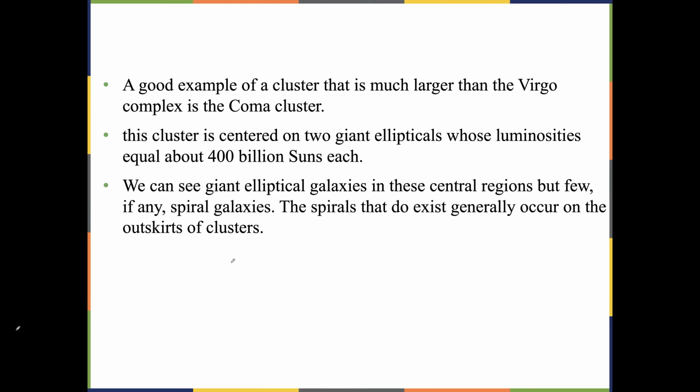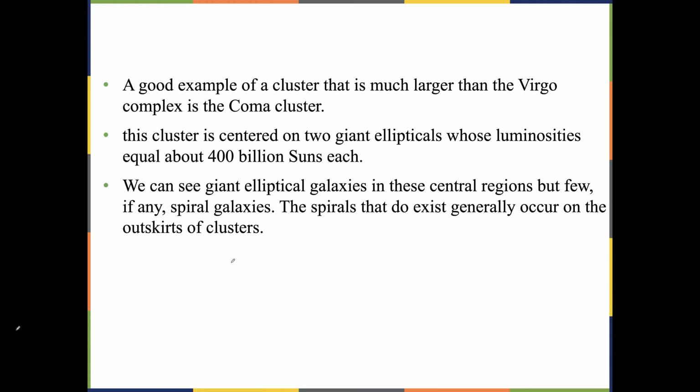So those are huge galaxies. And actually for almost all of these galaxy clusters, if you look at the cluster images, there is one very bright elliptical galaxy at the center.